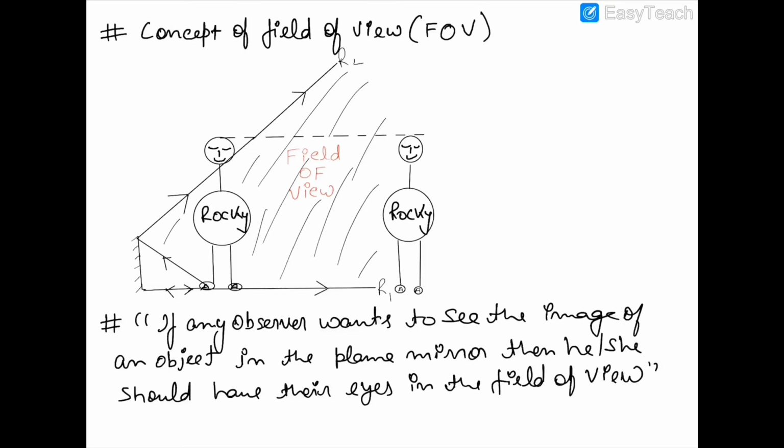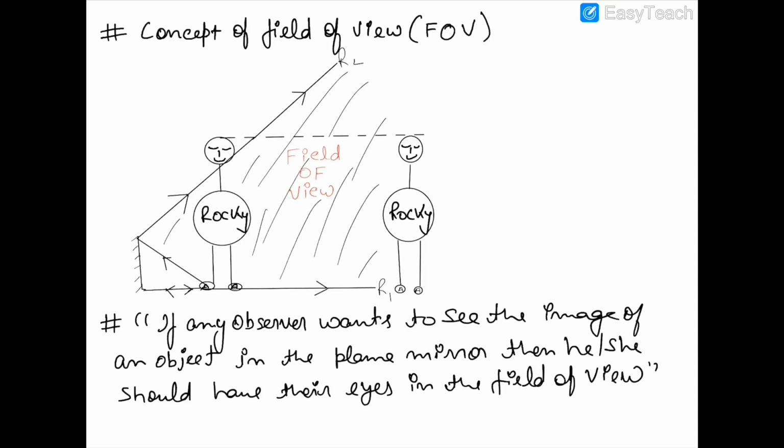I'm repeating that, irrespective of the size of the mirror, the complete image of every object of any size is formed in that mirror. But whether that object can be viewed in that mirror or not depends on whether we are in its field of view or not.